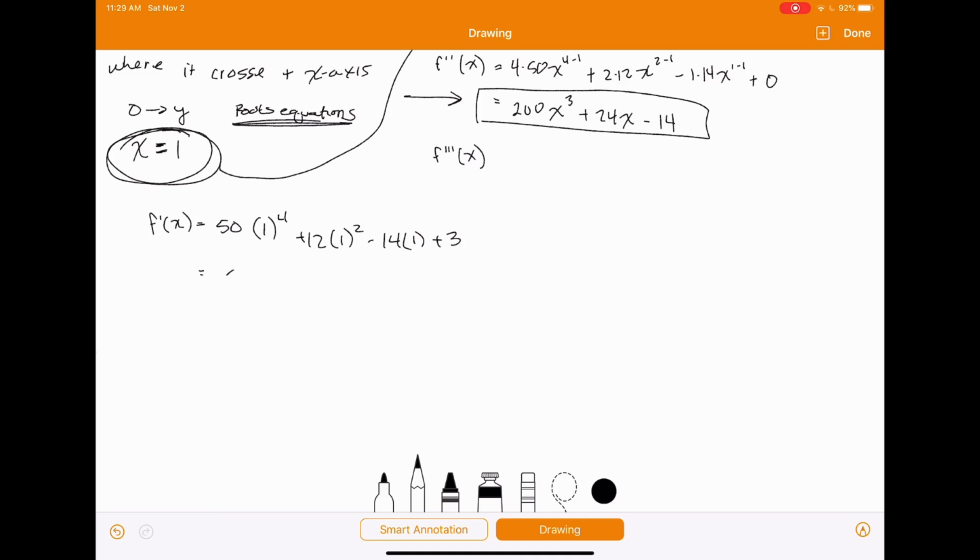So then we'll get 50 plus 12 minus 14 plus 3, which is going to be 62 minus 11, which is going to be 51. And that would be the slope of the tangent line at x equals 1. All right.